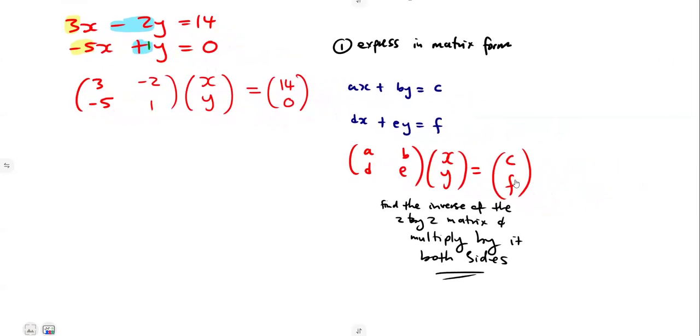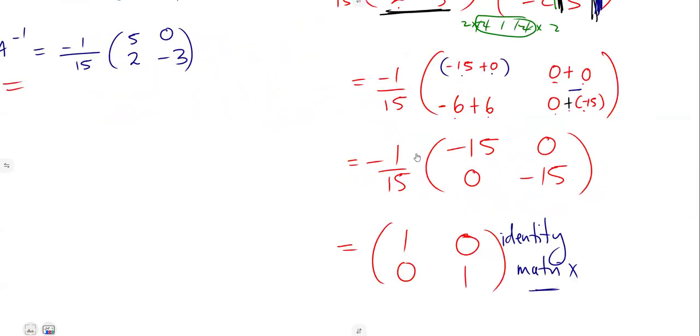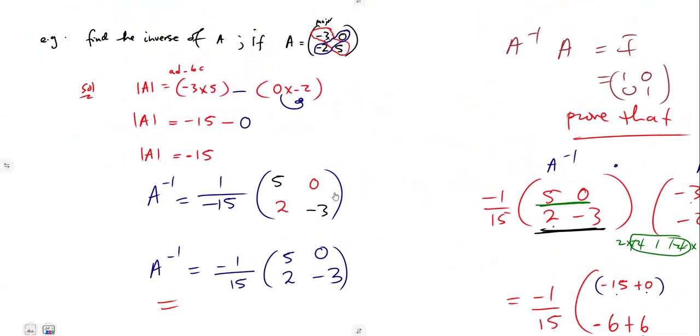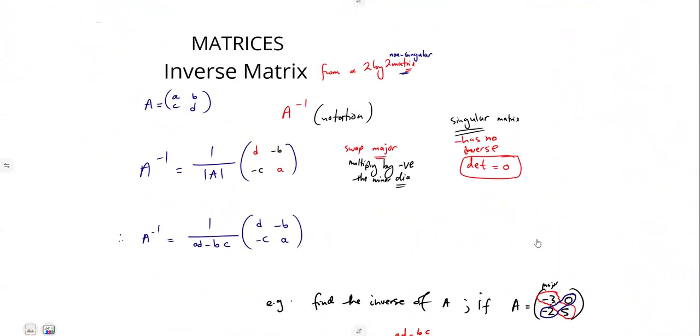So the 2 by 2 matrix is this one, and you find its inverse: 3, minus 2, minus 5, 1. For its inverse, we are going to need the determinant first, as we saw previously on the calculation of the inverse.